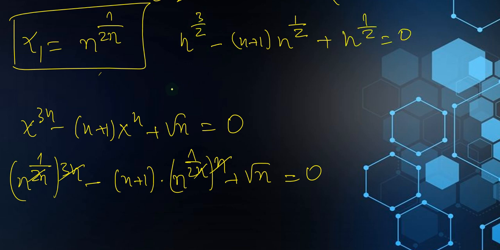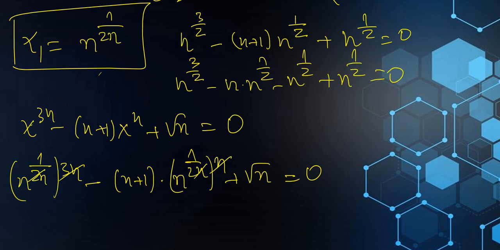So then this is n to the power 3 over 2, and then I'm going to multiply this one: minus n times n to the 1 over 2, minus n to the 1 over 2, plus n to the 1 over 2 equals 0.